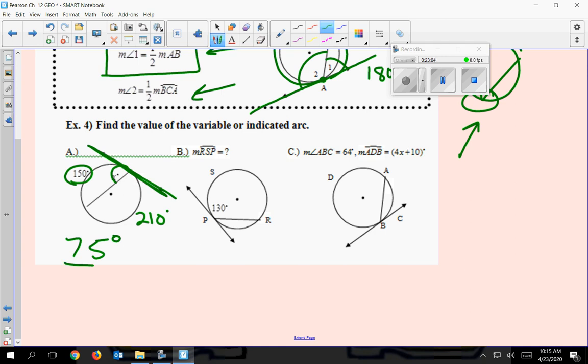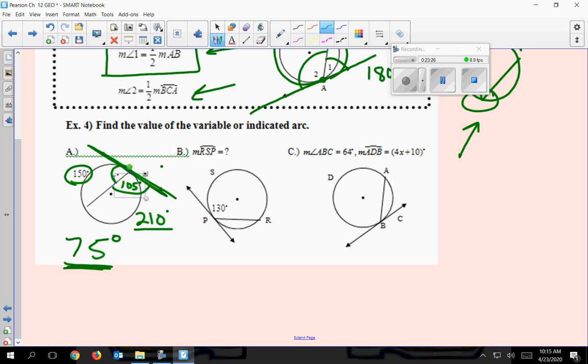So if I already got one angle at 75, can I get this other angle over here? Well, 180 minus 75 is 105. Okay? And if I double 105, do I get 210? Or if I take 210 and cut it in half, do I get 105?